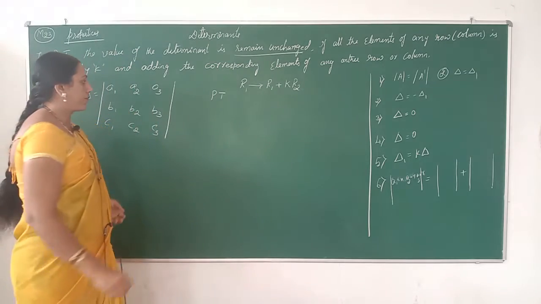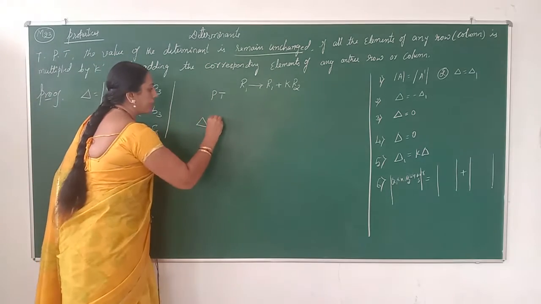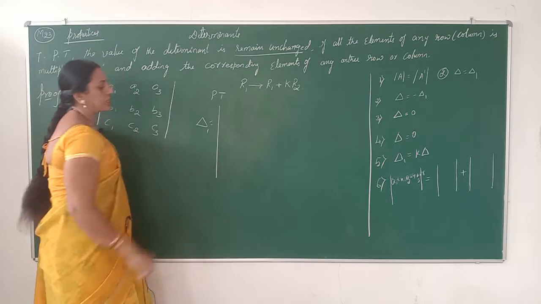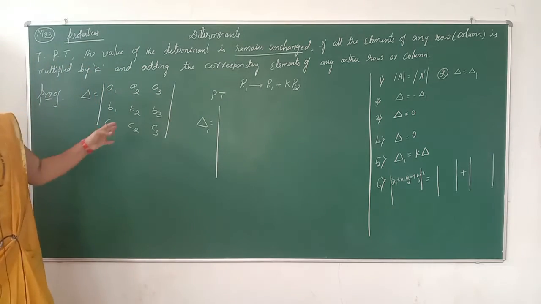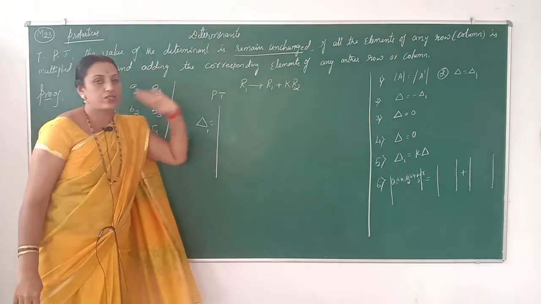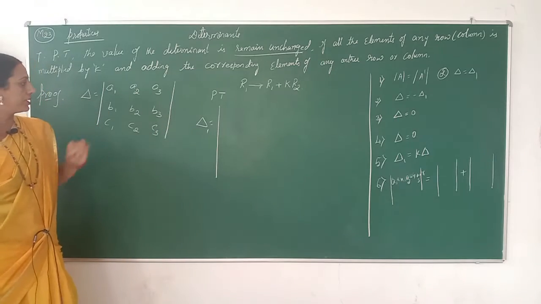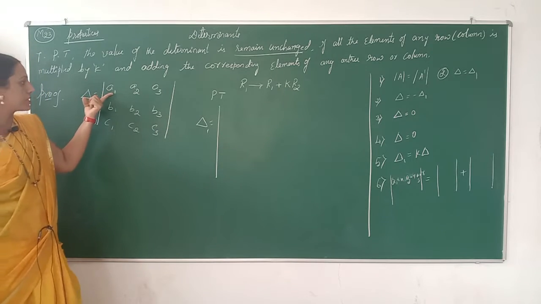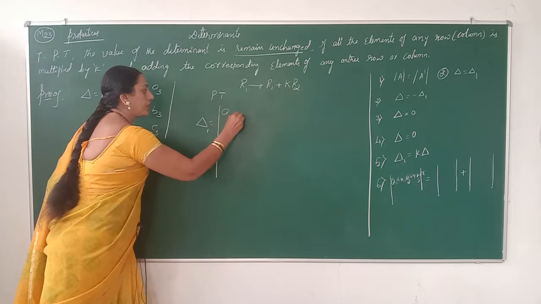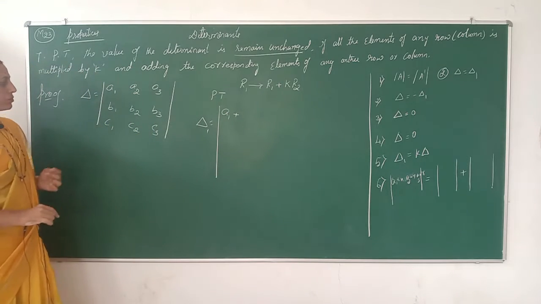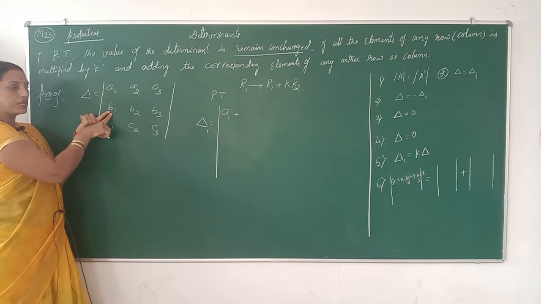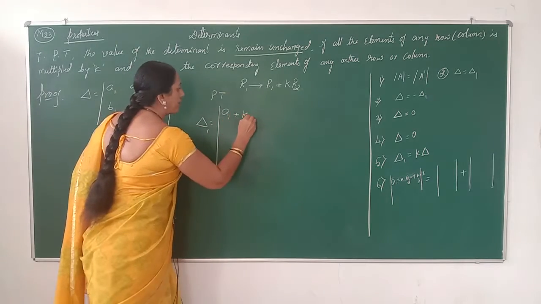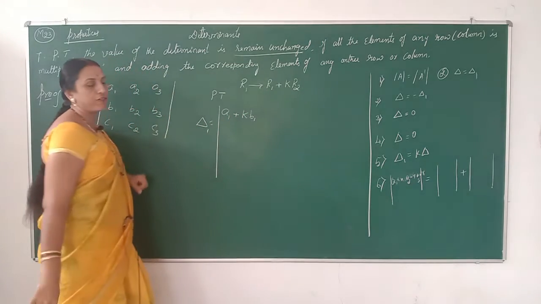elements of R1. Therefore, the new determinant is denoted by delta 1 after some operations on its elements. So delta 1 can be written with the first row as A1 plus k times the corresponding R2 element B1, that is A1 plus k times B1.